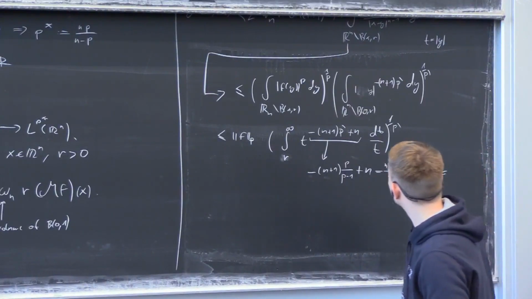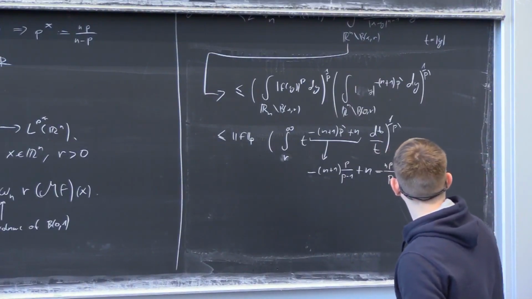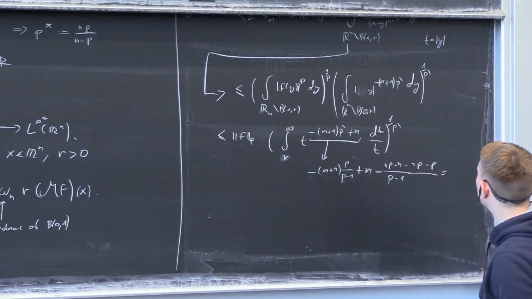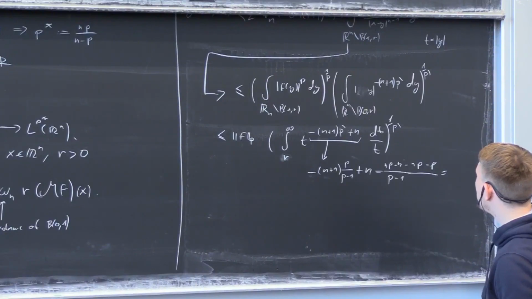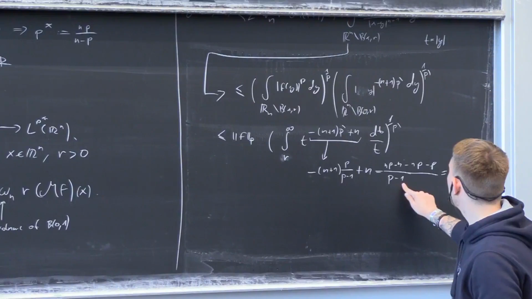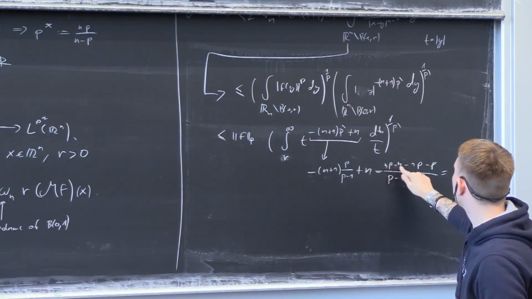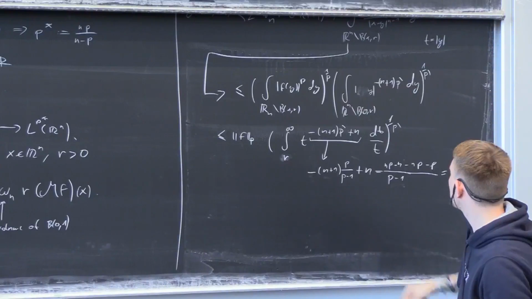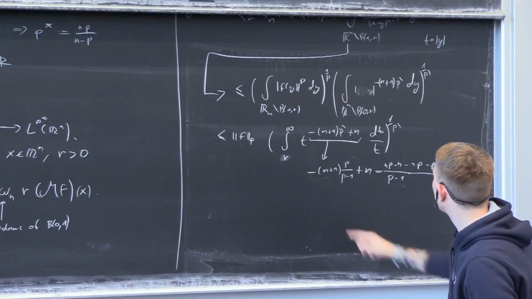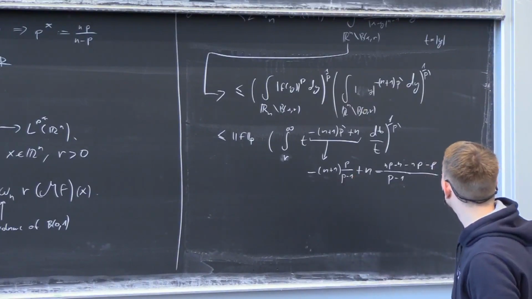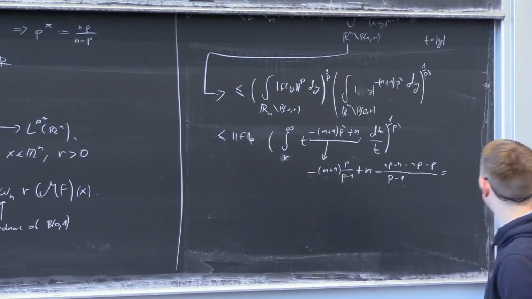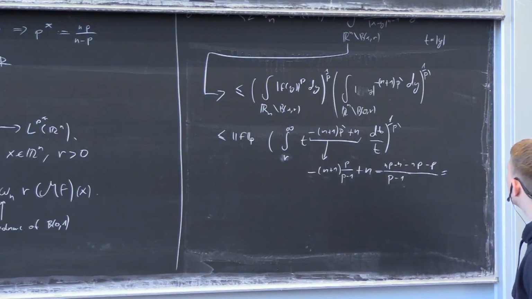In the end we have some mistake. What did I write here? Minus n minus p. Sorry. So here I had n times p minus 1 gives np minus n. And then p minus 1 times this, and this times this gives me... This cancels out. Minus.